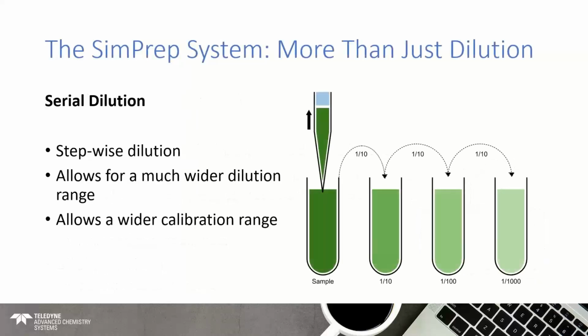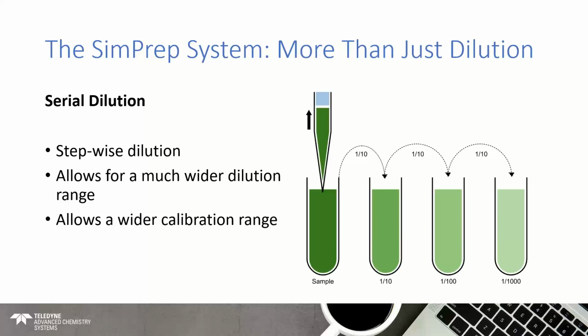So just to mention this again, not just straightforward dilutions of something like a 1 in 10. If you're interested in serial dilution, then you can operate this in the operating software, where you take an aliquot of, if you've got a very concentrated sample, for example, you could take an aliquot of that and make some intermediate dilutions before you get to your final.